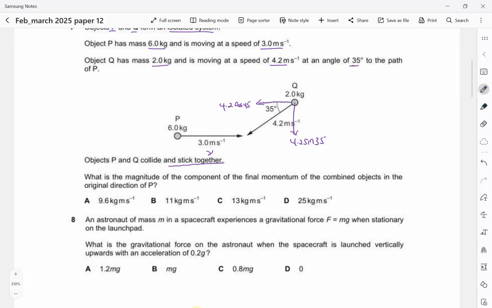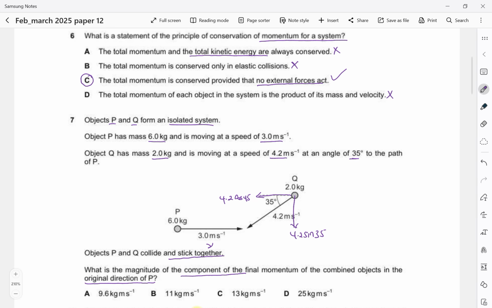What is the magnitude of the component of the final momentum of the combined objects in the original direction of P? That is just in the horizontal. So we are going to consider momentum in the horizontal. So I'm going to conserve horizontal momentum only and ignore the vertical component.